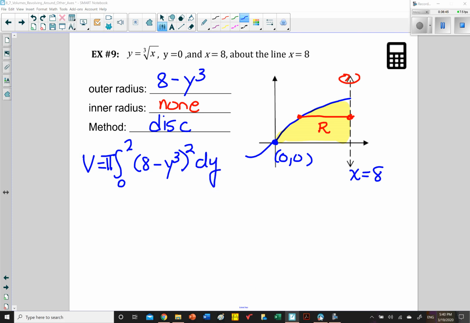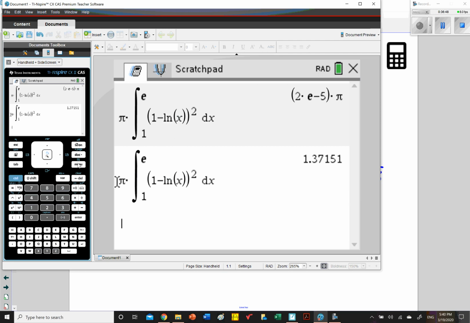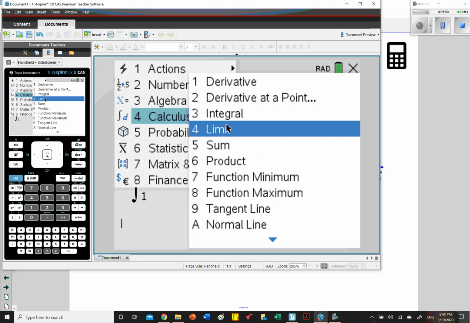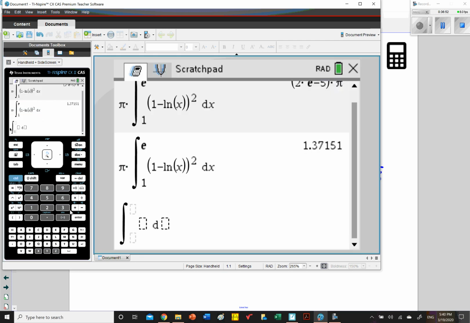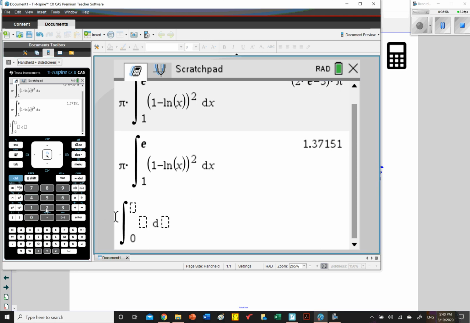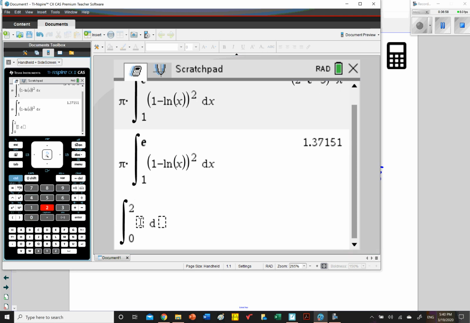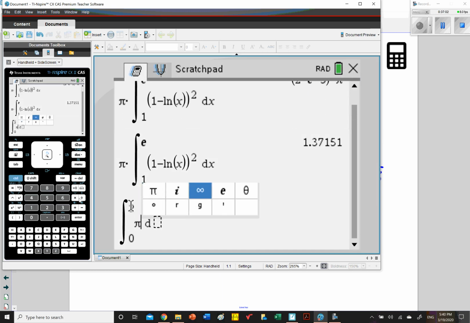And one more calculator question. Menu, calculus, integral, from 0 to 2. And I keep forgetting the pi. I'll put it inside this time. Look, pi times. Now we're done.